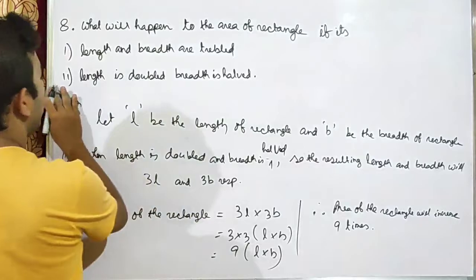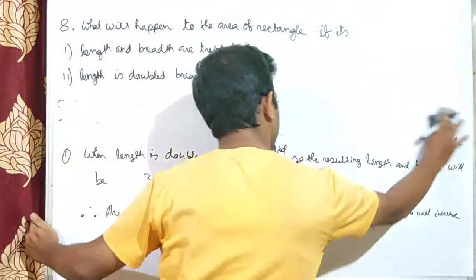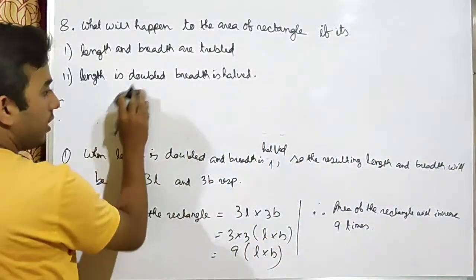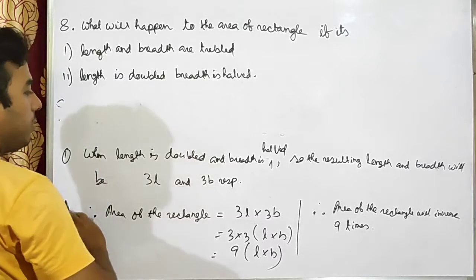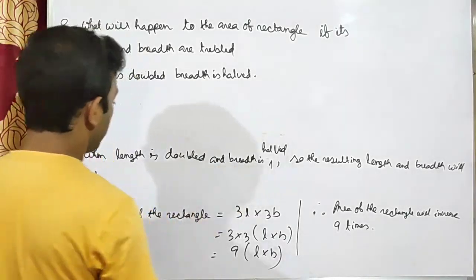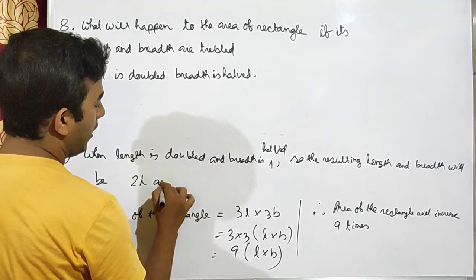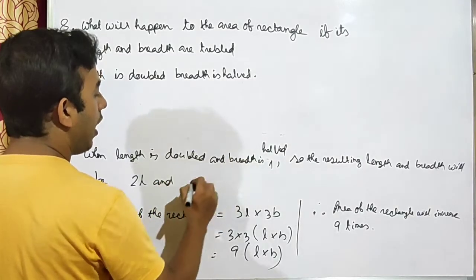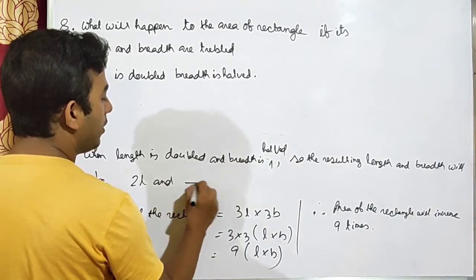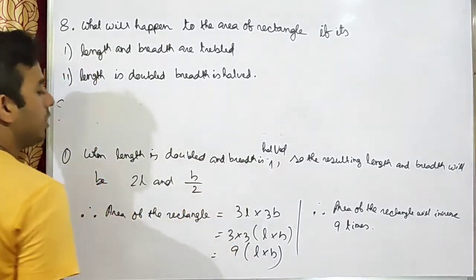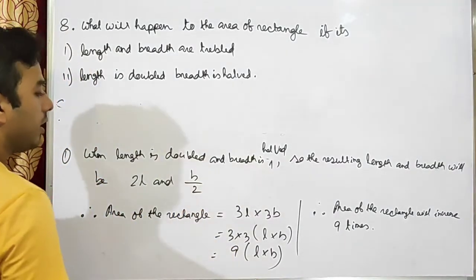So the resulting length and breadth will be: length is doubled, so it will be 2L, and breadth will be what? Half means 1 by 2, that is B by 2. Clear? So the area of the rectangle will be what?